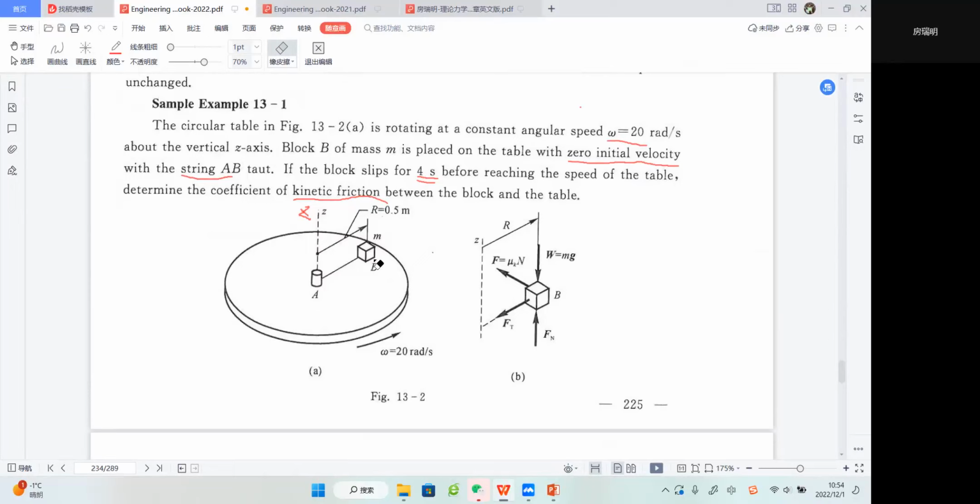Because this block is placed on the table, which has a constant angular speed omega equal to 20 radians per second, along the vertical direction we will have its own weight, and a support force Fn along the same direction, because it does not jump upward and downward on the table. It always stays on the surface of this table. So in this direction, it will have zero acceleration.